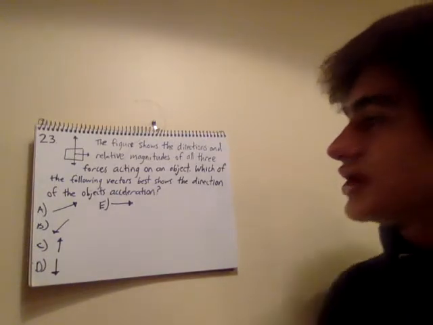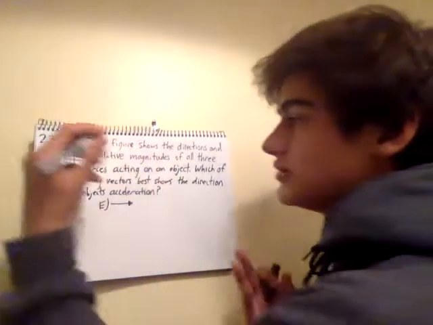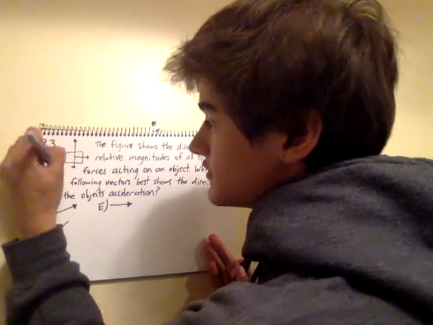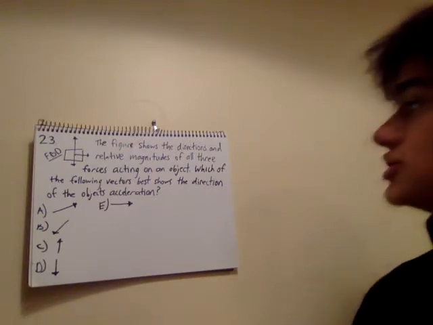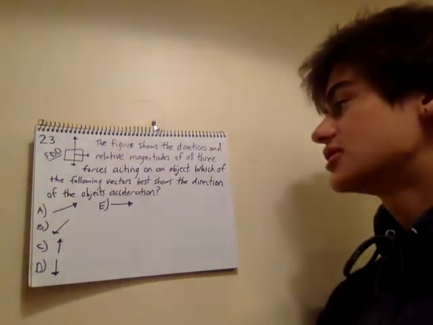Alright, so the problem we have here is the figure. This one right here, it's a free body diagram. Let's label that. Make sure we know what this is. Free body diagrams are very important. The figure shows the directions and relative magnitudes of all three forces acting on an object.